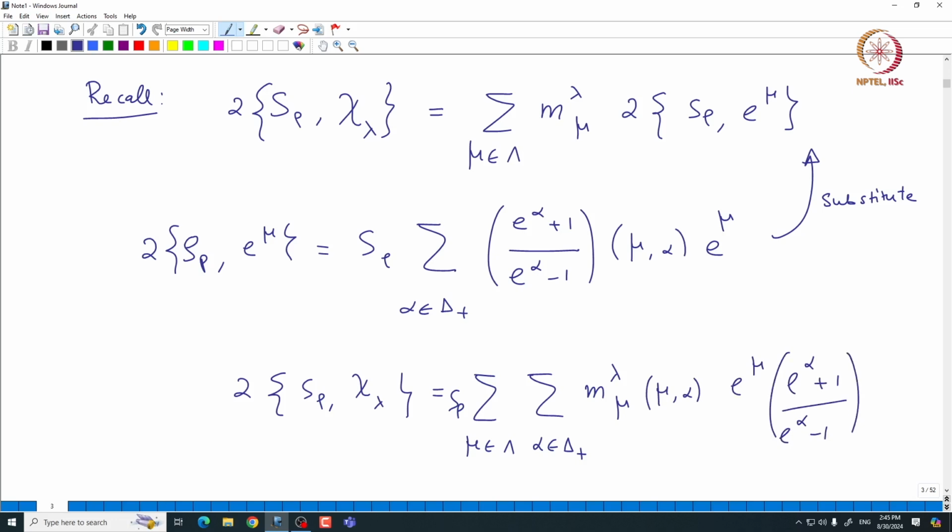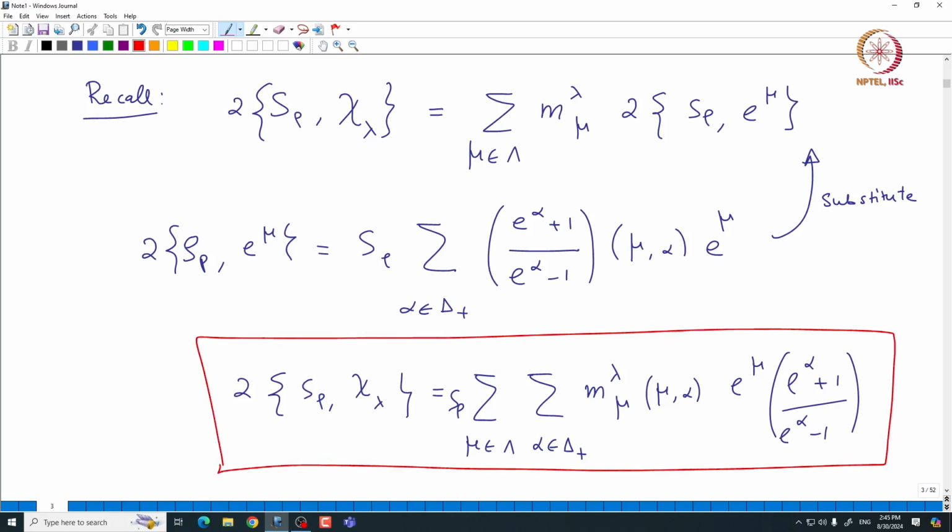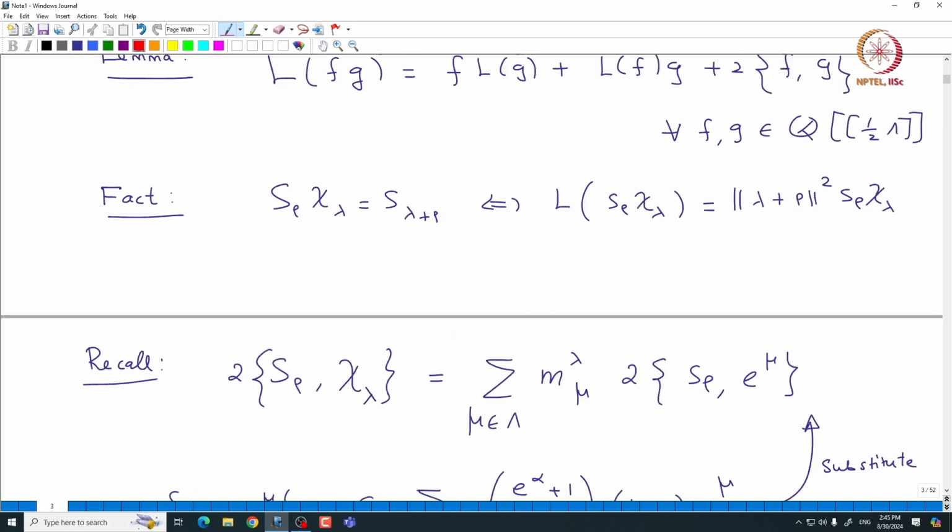This is the formula we get for the bilinear form applied to S rho comma chi lambda. We need this later, so I will just state it here for future use.